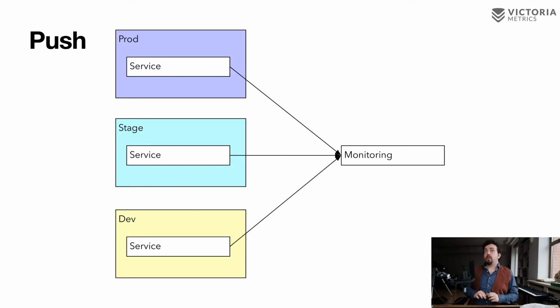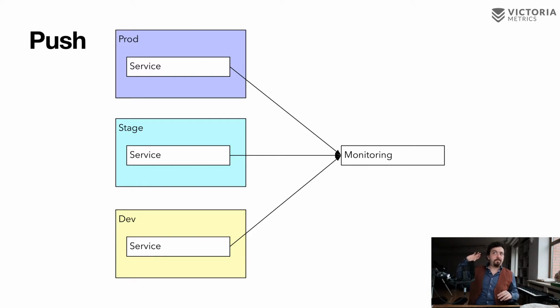So there can be two different monitoring paradigms. We can have the same monitoring for all our environments. Like, let's imagine we have production, stage and development environments, and we can have some different infrastructure environments and push those metrics from services to this single point of monitoring.